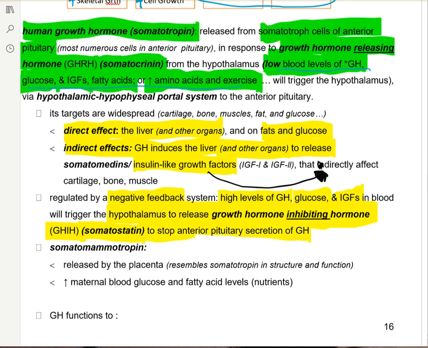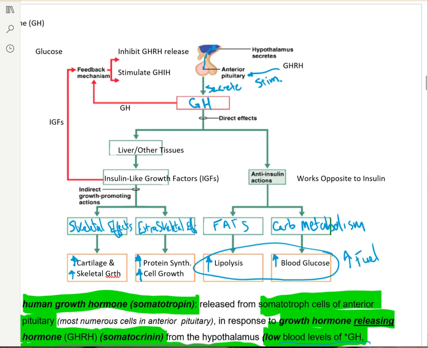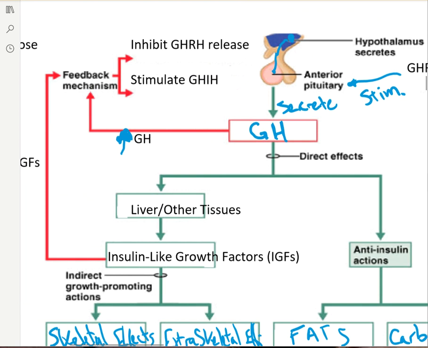So if we now go above here and look, I've added a couple things in here. Look at this first arrow, the red arrow right here. Growth hormone. So what we need to say is high levels of growth hormone will cause negative feedback.